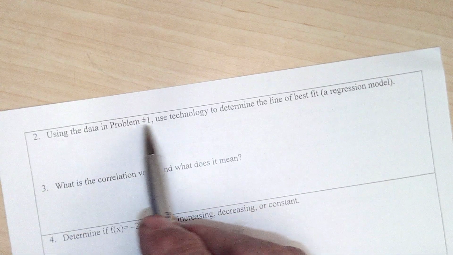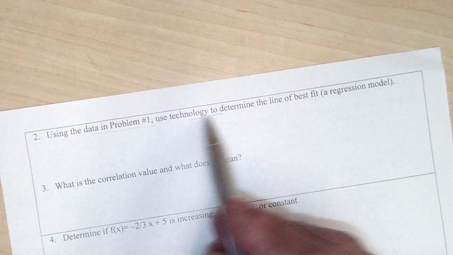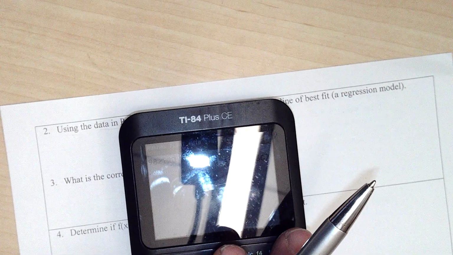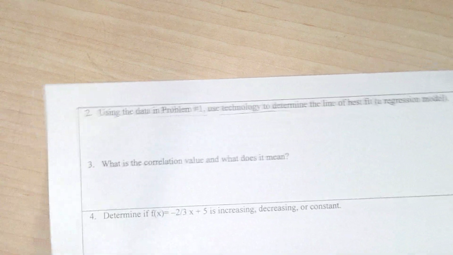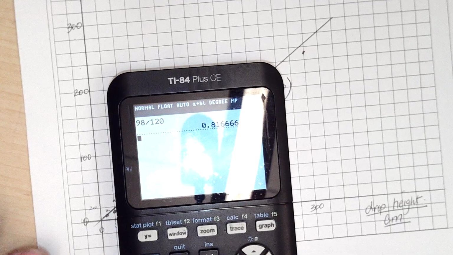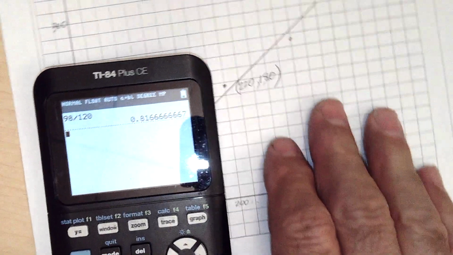Now the second part, part 2, you're supposed to look at this and use technology. Now I'll do the regression model on the calculator, but you can also do it on Desmos. So just in case you're using a calculator, here's how you would do it. Let's get the data in.